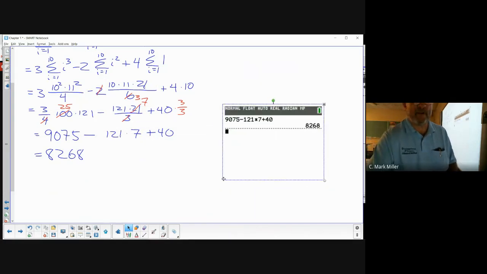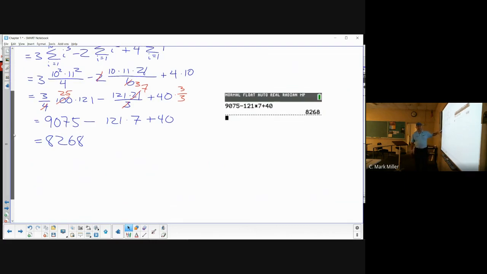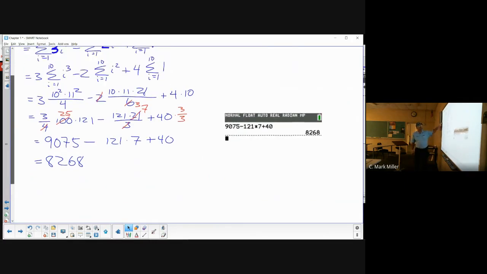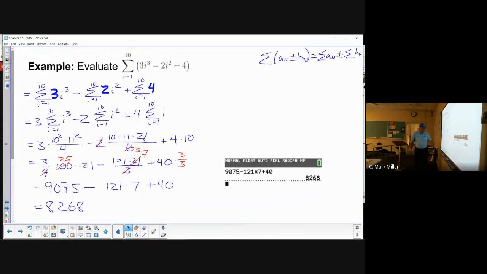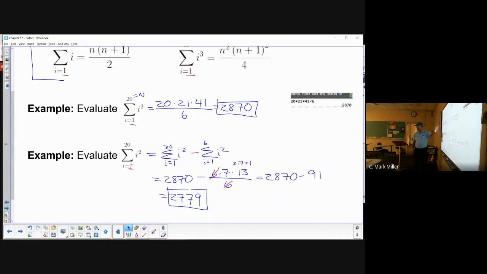When you do a problem like this, and there are so many little arithmetic operations, always go back and check your work. Even if you think you're right, go back and check your work. That's very important. But this right here is actually nothing new from the last time. It was these two principles, more or less these two problems put together. Because here you're adding and subtracting, and then here you're plugging into the formulas. That is all.